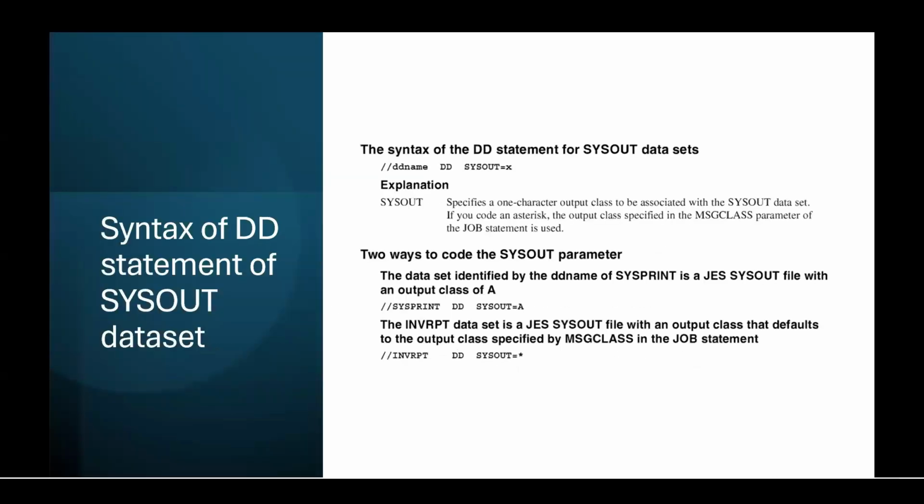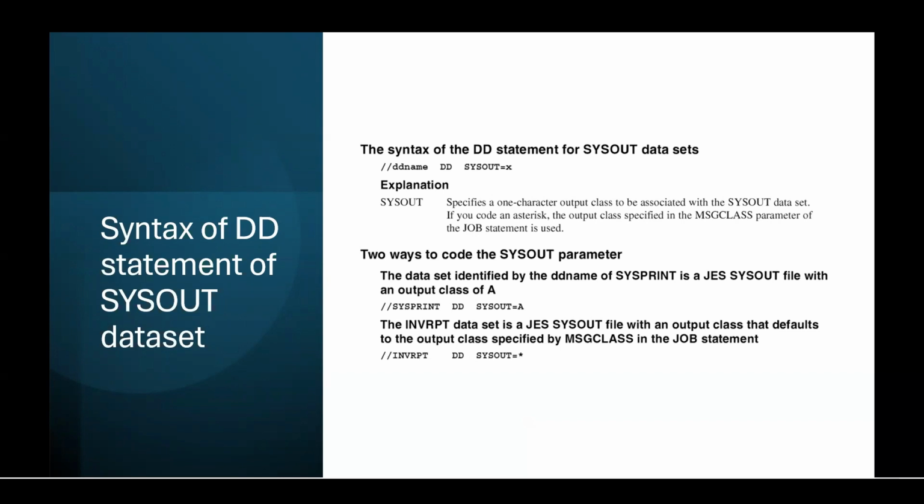So this is the syntax of a DD statement of a SYSOUT data set. The syntax is very simple. DD name, then DD, then SYSOUT equals whatever you want to give. Either you can give an asterisk, or A, or any particular utility, or you can provide a simple physical file as well, where you are writing your particular report.